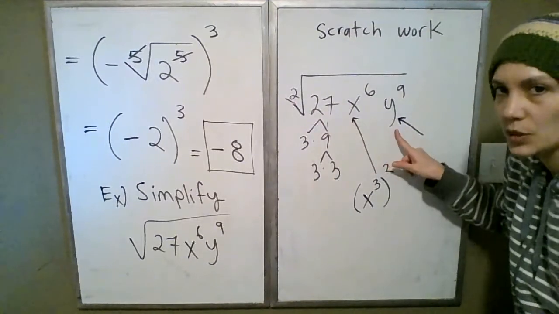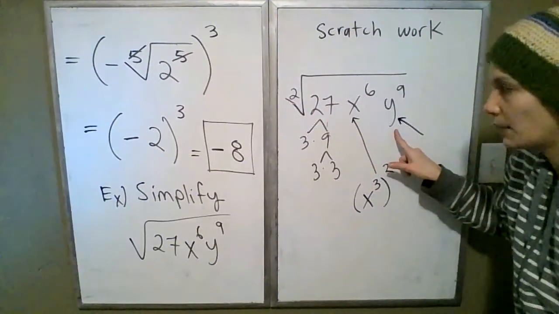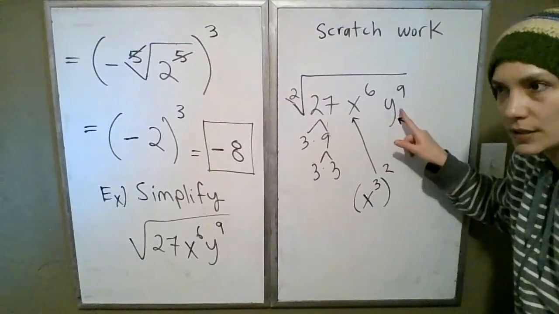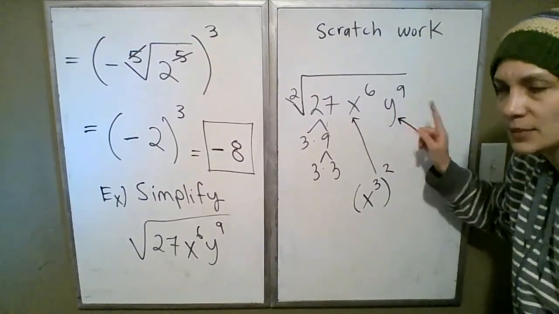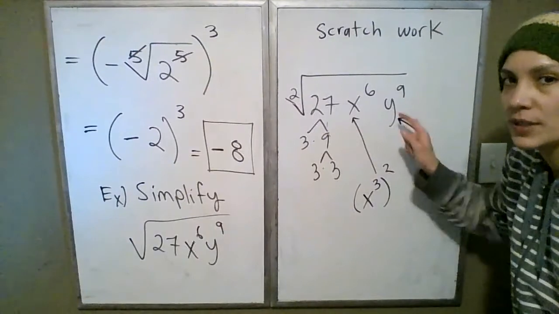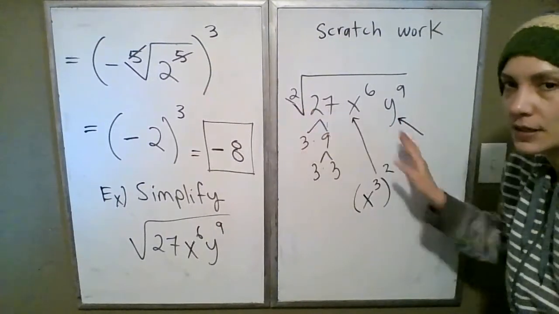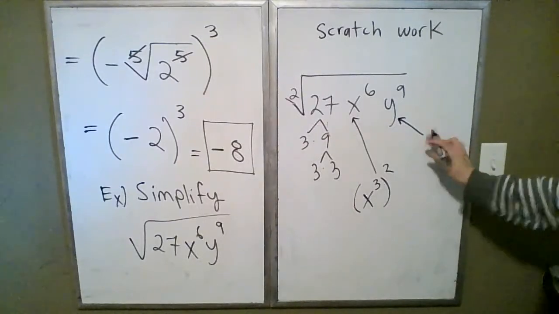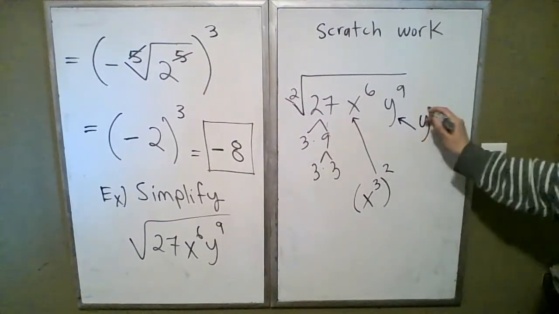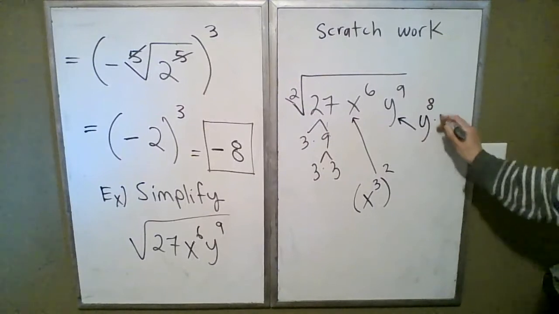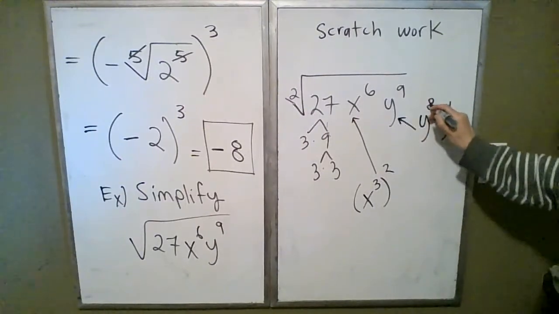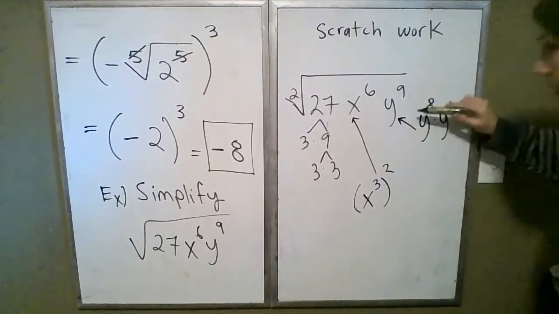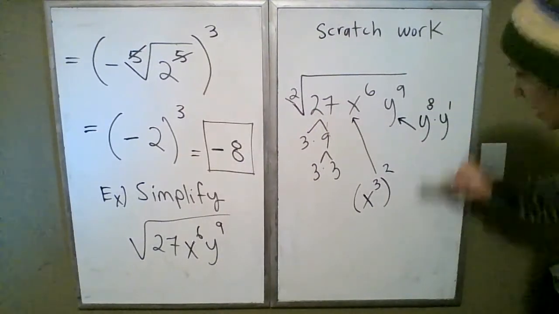Okay, with this we're trying to get a factor of y to the 9th to be even. So that way we can write it with a power of 2. So let's write this as y to the 8th times y. And we're going to keep working on this part on the side.